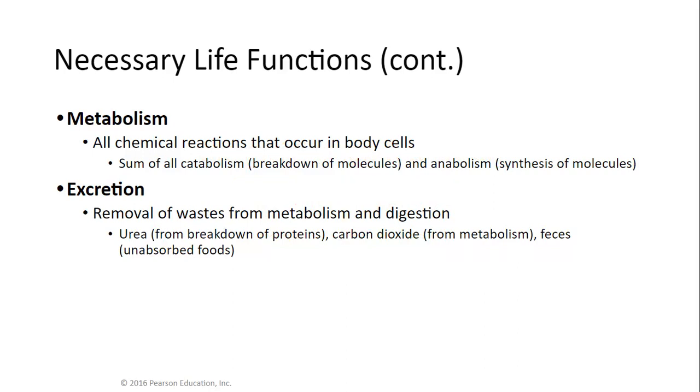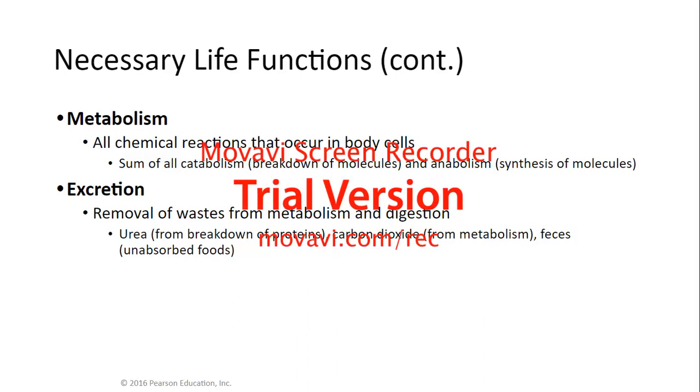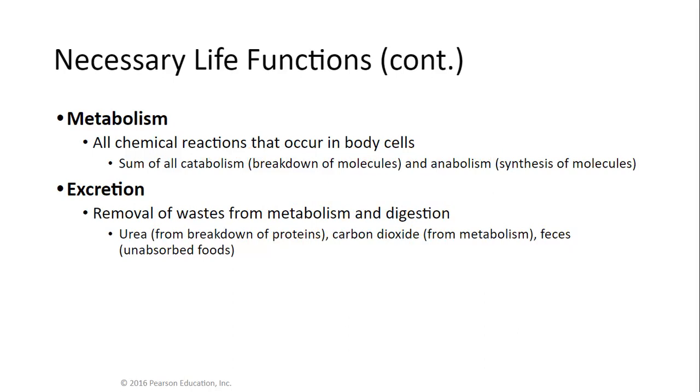Anabolic steroids build you up, build your muscles up. So I always remember anabolic, that's when you are synthesizing, building things up, and then catabolic is going to be the opposite of it. You're breaking things down. But metabolism is essentially all of those chemical reactions that occur in the body, building up and breaking down. And then excretion, you have to remove waste from metabolism and digestion.